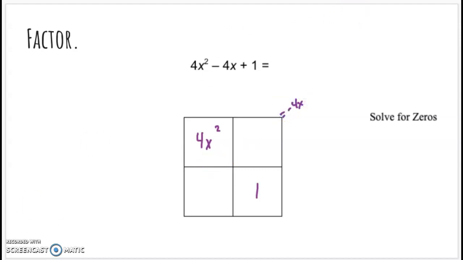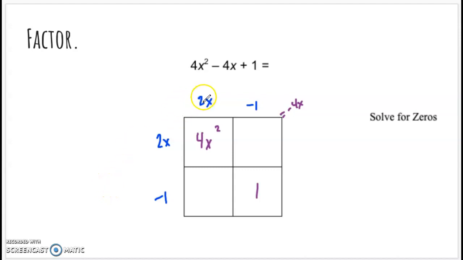All right, so let's see here. We may have to do a little bit of guess and check. If I have 2x times 2x, and I have 1 times 1, or maybe negative 1 times negative 1, that would give me a perfect square.